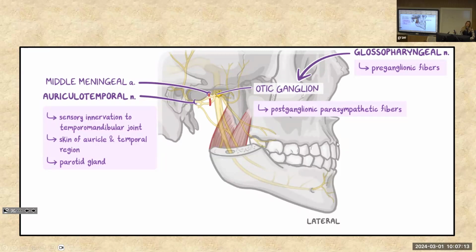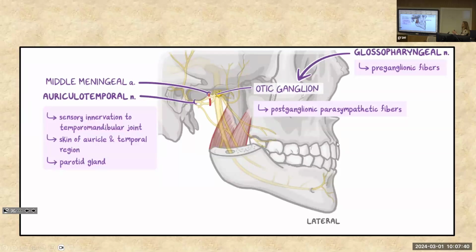Now, I know you have also been introduced to the concept of presynaptic parasympathetic fibers that are going to reach their targets in a ganglion and then have postsynaptic fibers from these ganglia reach their destinations, right? So we have glands of lacrimation, we have glands of salivation.